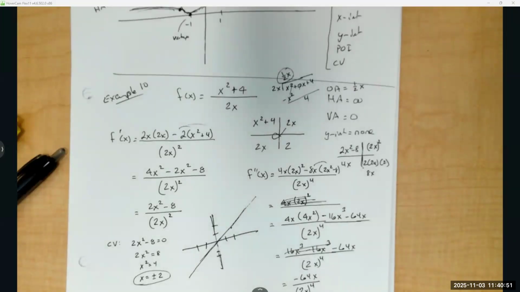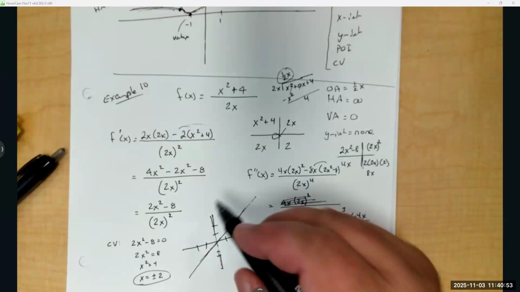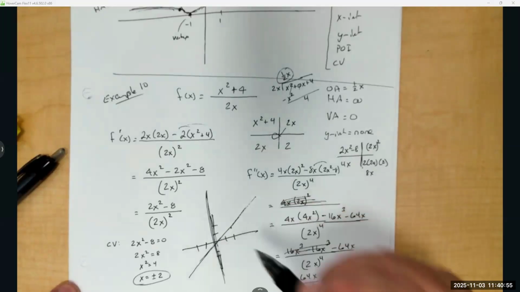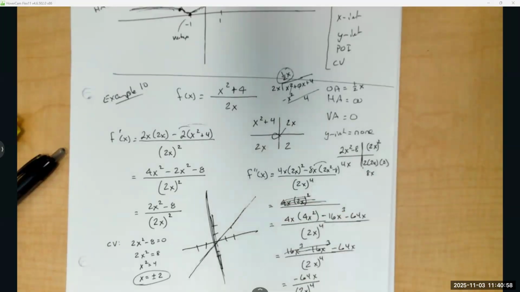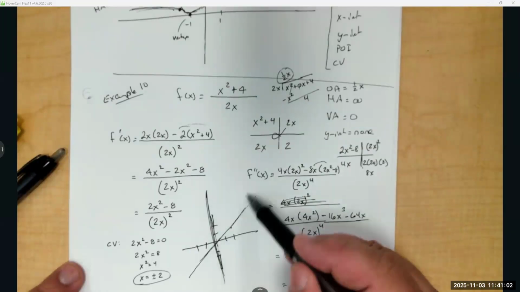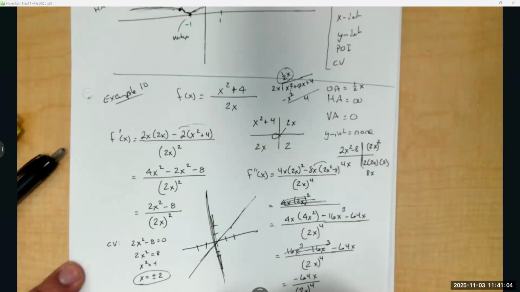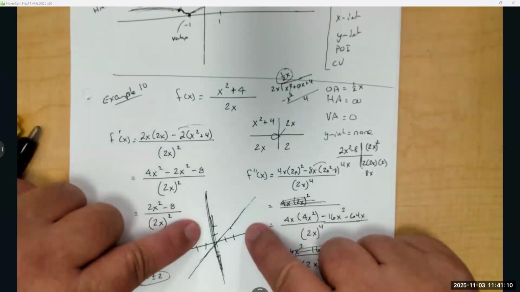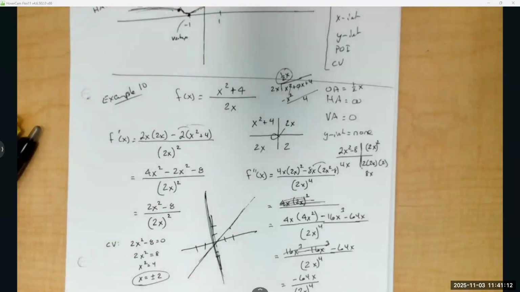It has that asymptote and the vertical asymptote here. So because of that, we know the graph's either going to be in this quadrant here, or this quadrant here, or here and here. It's either going to be in these two or these two.